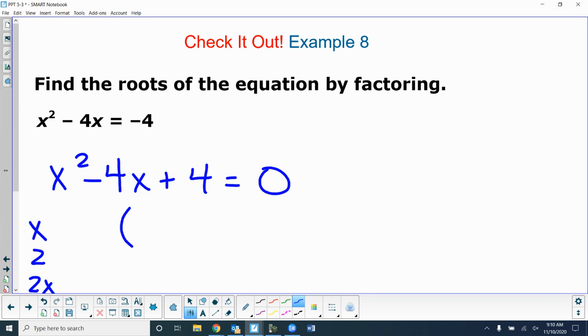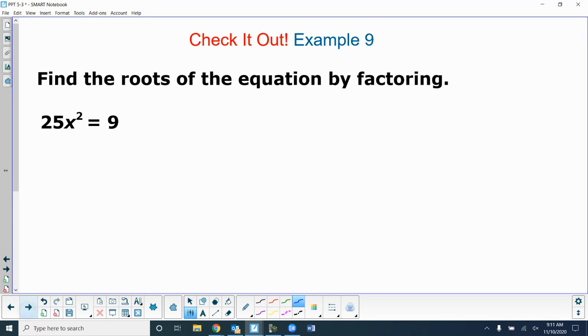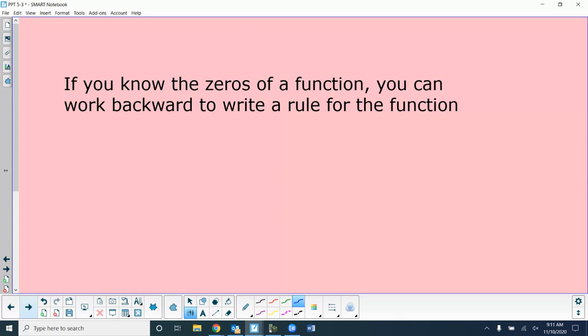Yeah, so I can go that one, that sign, that one, and square it. What's my answer? X equals 2. It is equal to 0, just add 2, right? Another difference of squares, right? If you know the zeros, you can work backwards.